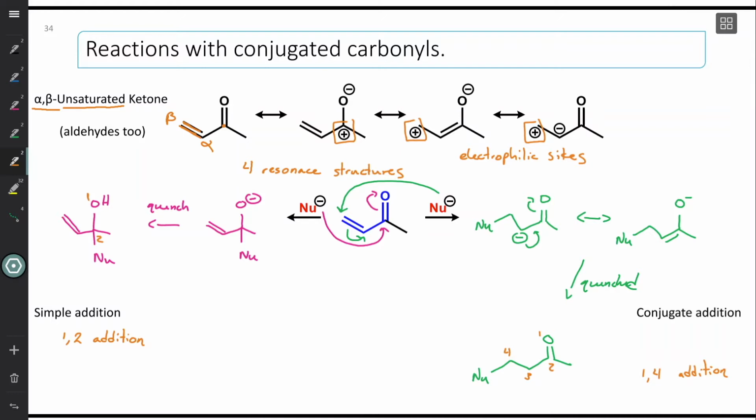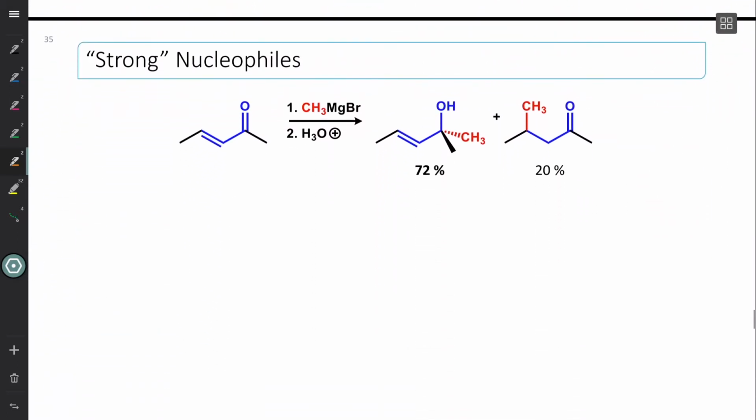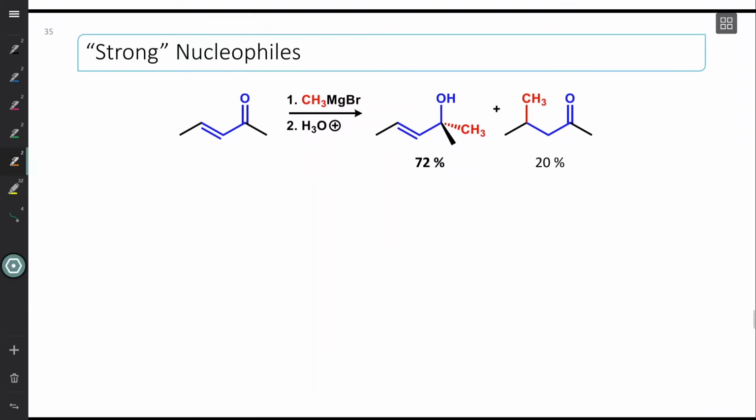Now, because you have these two possibilities, depending on your nucleophile, you will get a different ratio of either your simple addition product or your conjugate addition product. The main rule is that strong nucleophiles tend to give the simple addition as the major product.